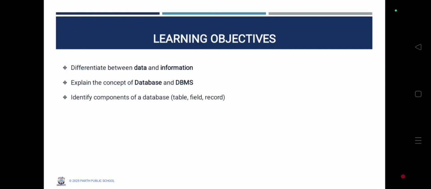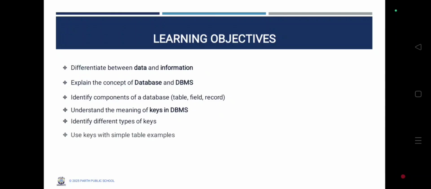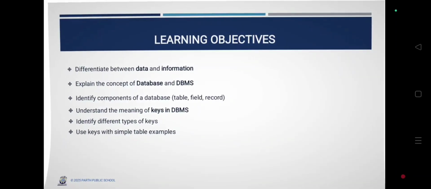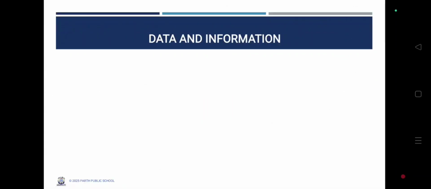They will identify the different components of database. They will understand the meaning of different keys in database management system. They will identify the different types of keys and use those keys with simple table examples. So let's start with the basic concepts of database, that is data and information.